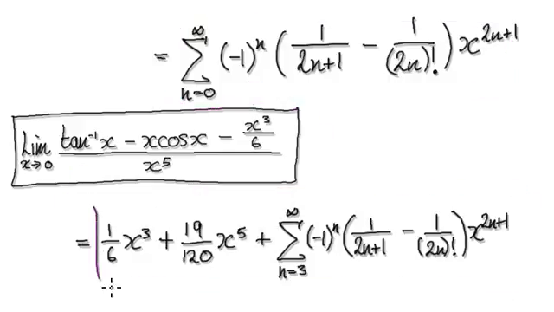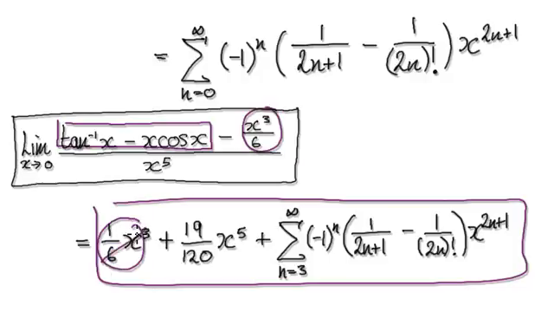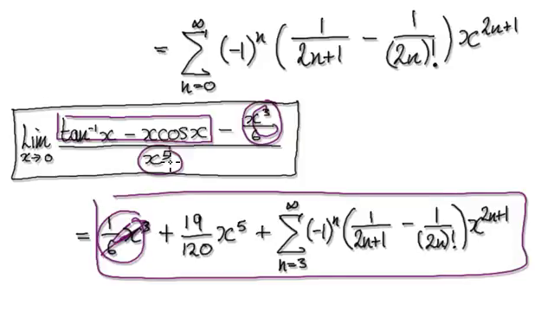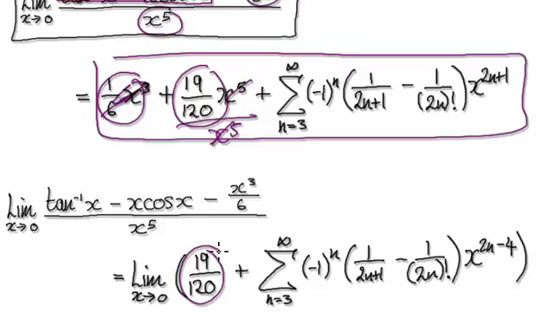So now this whole thing here is this block here. So now you can see that we can kill these 2 off. And then this thing here will kill off this, and then when you divide by x to the power of 5, these 2 will cancel each other out, leaving you with this constant.